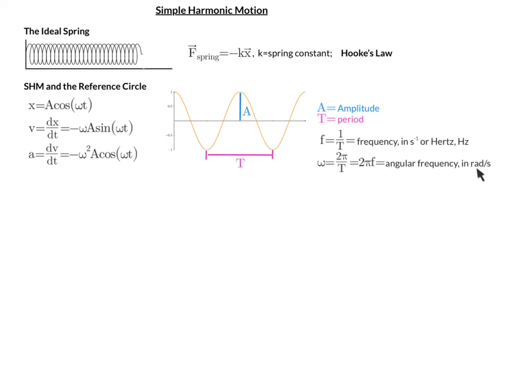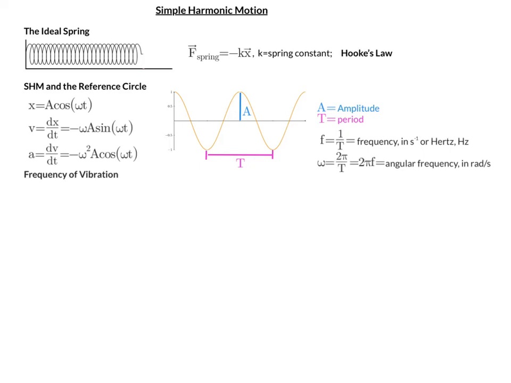Remember that we saw this in circular motion. We called omega the angular velocity. There is a relationship between angular velocity and angular frequency. They're basically the same thing. It's just that you'll have to think about it in a slightly different way depending on which situation you're in, what types of problems you're dealing with.